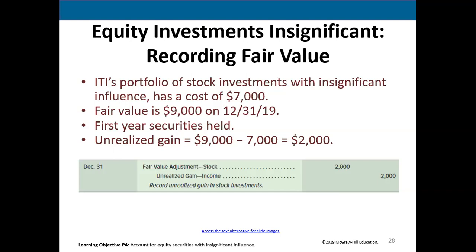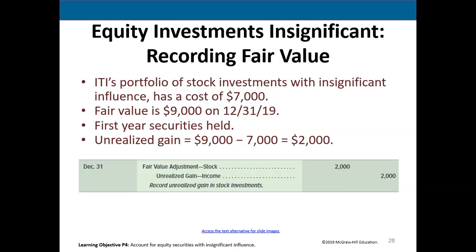So the investment increased in value, so the company will report an unrealized gain. All gains, unrealized gains or losses, so all increases or decreases in market value, are reported on the income statement.